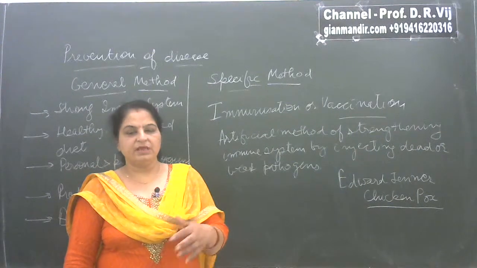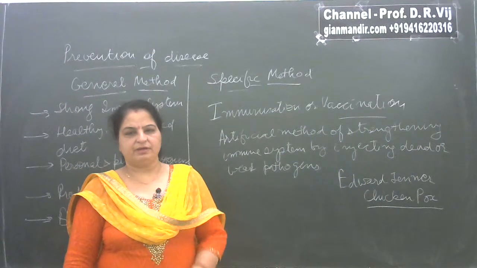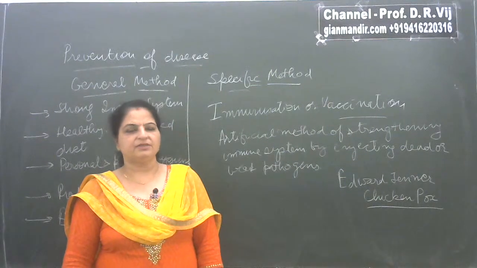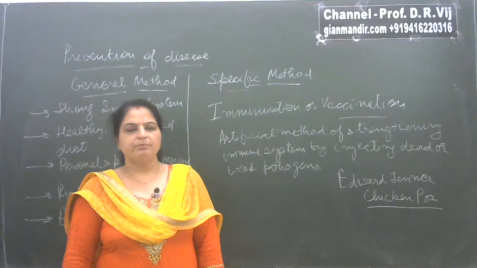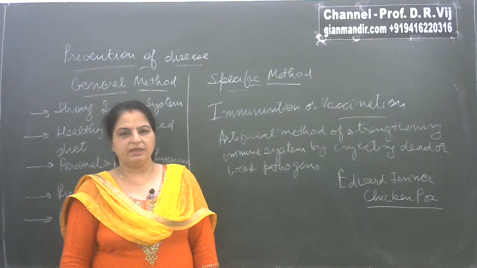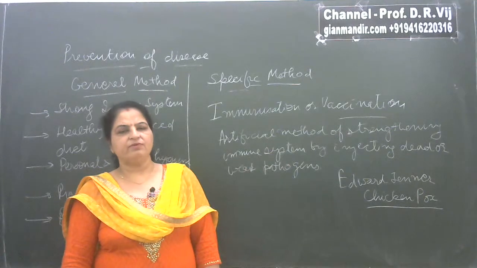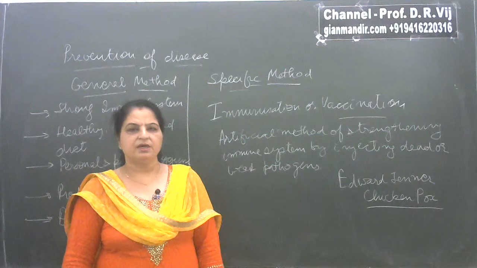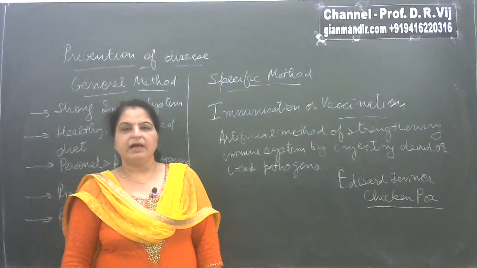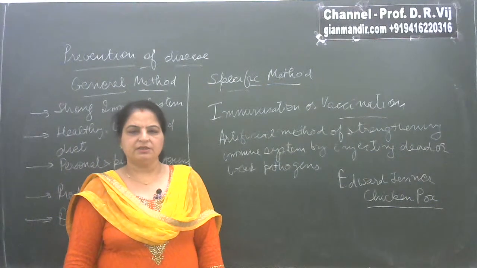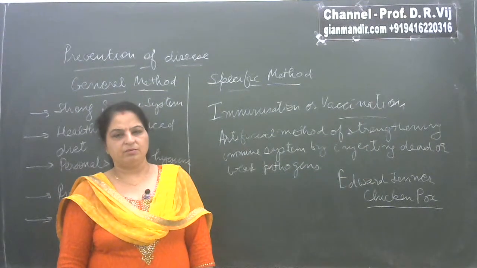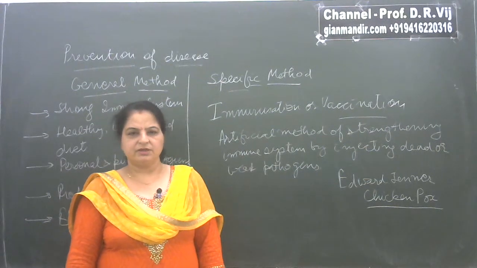Next time, when these pathogens really enter into the body, the immune system is already known to it and gets activated very quickly, preventing the person from getting the disease. In this way, the process of vaccination and immunization was observed, and this vaccination and immunization can be given orally or maybe in the form of injections or syringes.